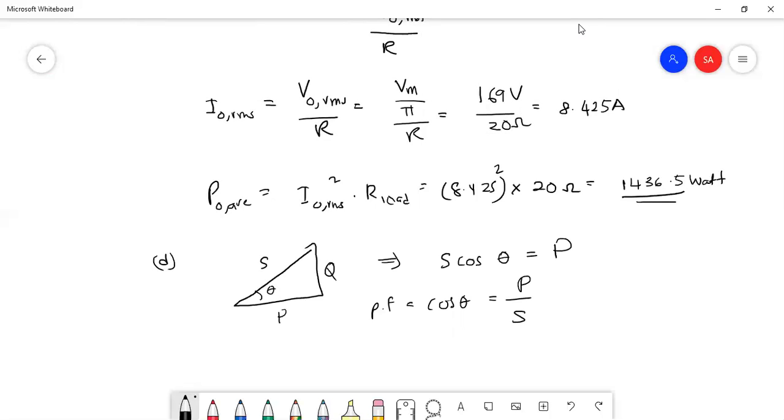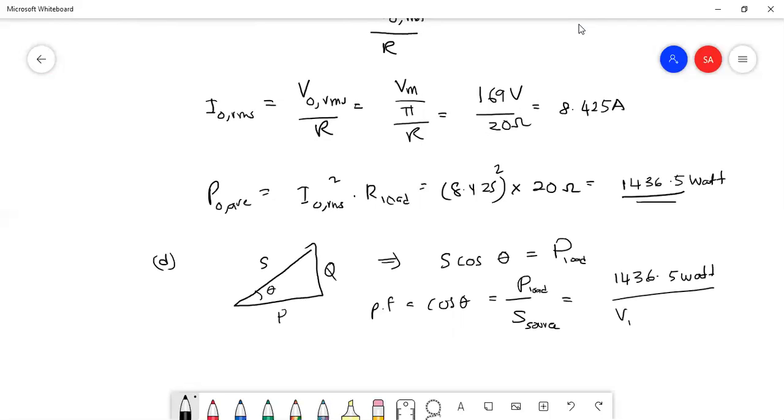You need to know that this P refers to the P load, and this is the S source. The P load is already known, which is 1436.5 watt, over your S source.